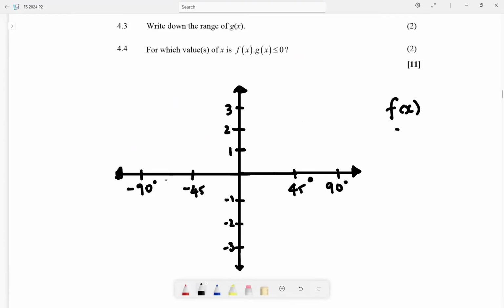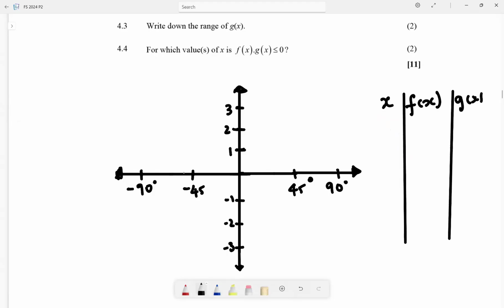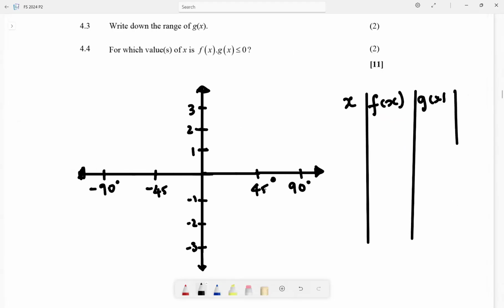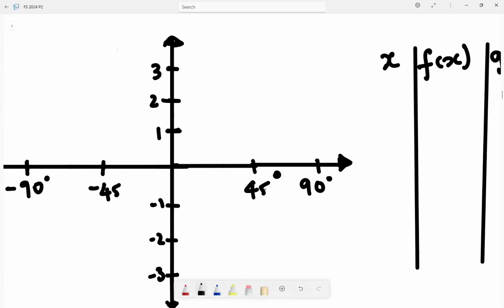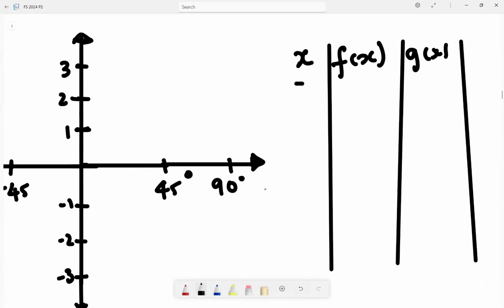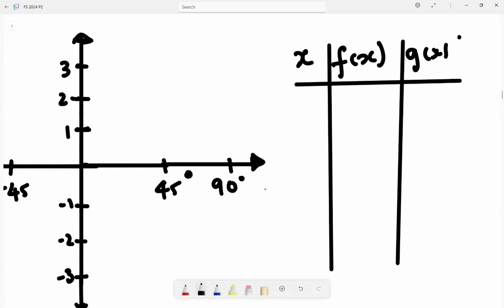A table of x, f of x, g of x. The first question you should ask yourself is how many x coordinates do I have?